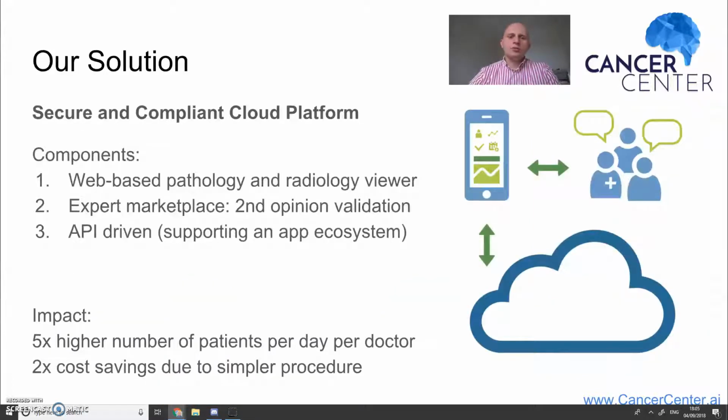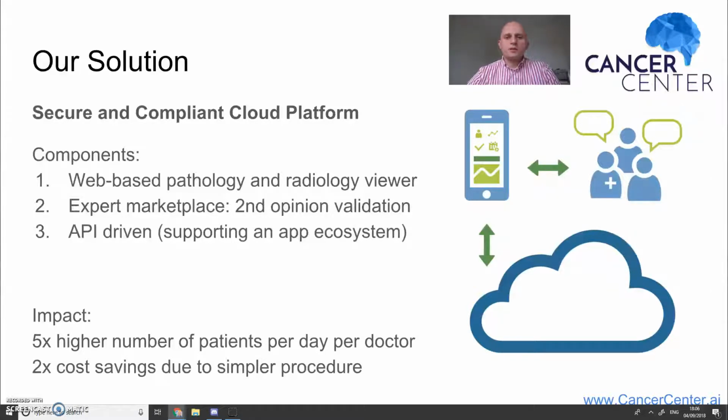Our answer to these challenges is a cloud platform that will enable patients and doctors to share images while providing an automated pre-diagnosis. Both doctors and patients will have access to a pool of experts to gain a second opinion to validate their diagnosis.